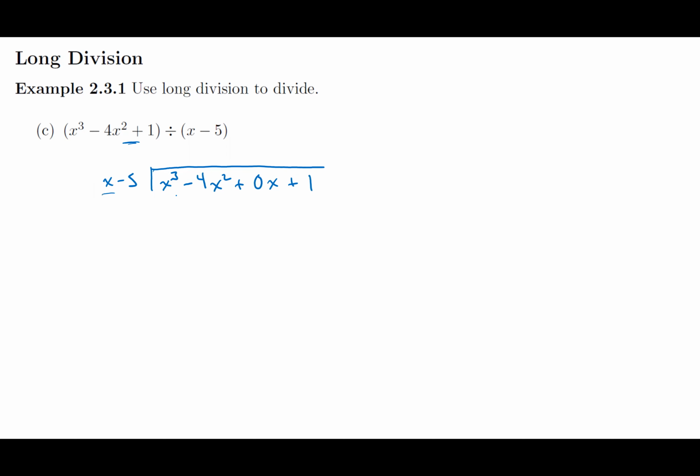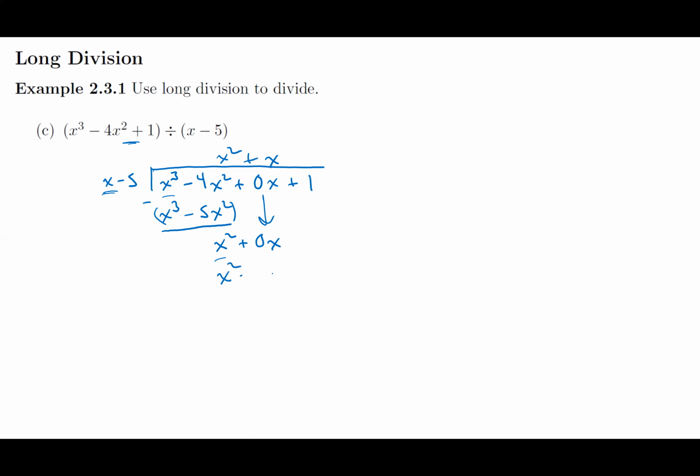Again, looking at the first terms, the leading terms. So x times what is x cubed? Well, x squared. Lining up my terms. So I have x cubed minus 5x squared. I am subtracting. So -4 minus -5 is 1. Then I bring down my 0x. Now I'm looking at x and x squared. So times x.